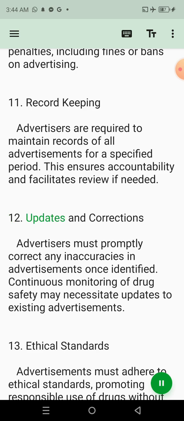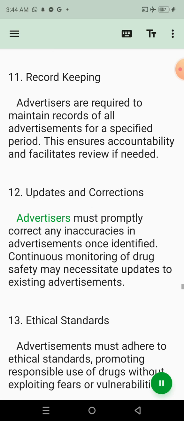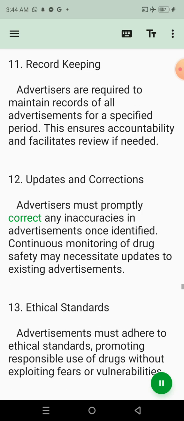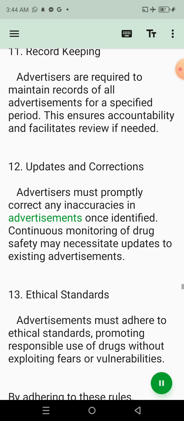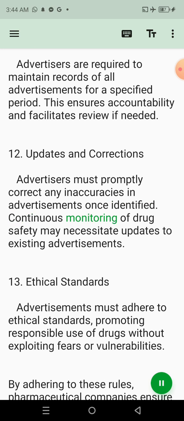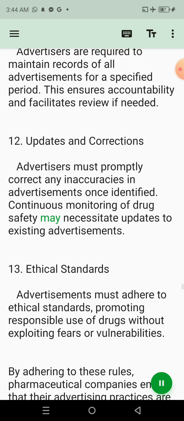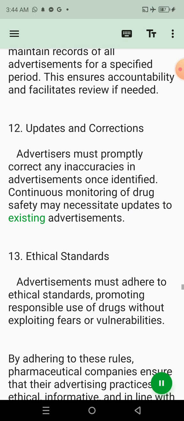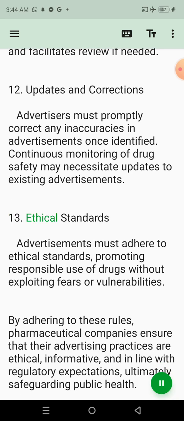12. Updates and corrections. Advertisers must promptly correct any inaccuracies in advertisements once identified. Continuous monitoring of drug safety may necessitate updates to existing advertisements. 13. Ethical standards.